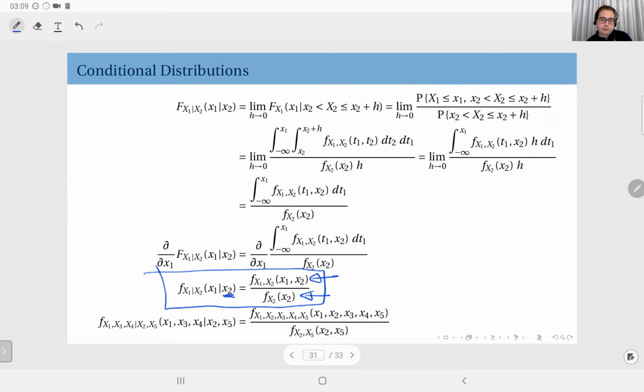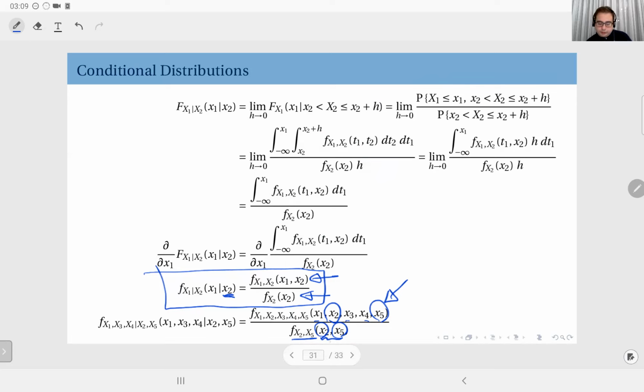And of course, we can generalize this. For instance, let's assume we have a joint PDF of dimension 5. If I divide this by the joint PDF of x2 and x5, evaluated at whatever these values are, okay? Now these are known values in this formulation, and x1, x3, and x4 are still unknown parameters.